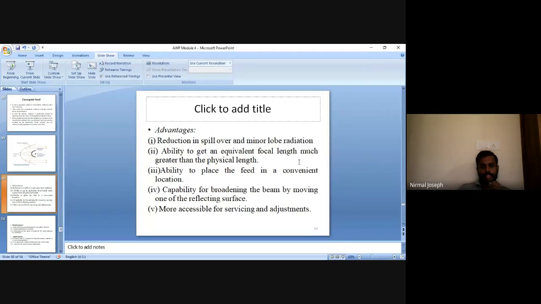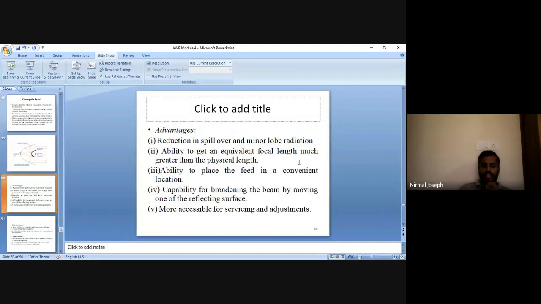Ability to get an equivalent focal length much greater than the physical length. Ability to place the feed in a convenient location. That is a very important thing because the feed will not block the signals. We can place the feed outside of the path of the rays.